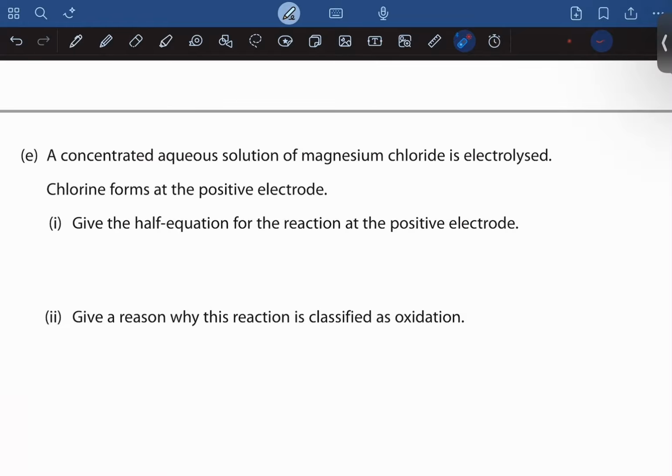Okay. So yeah, cation would go to the cathode, so negative, and anion would go to the anode. Okay, yeah, sorry for that.